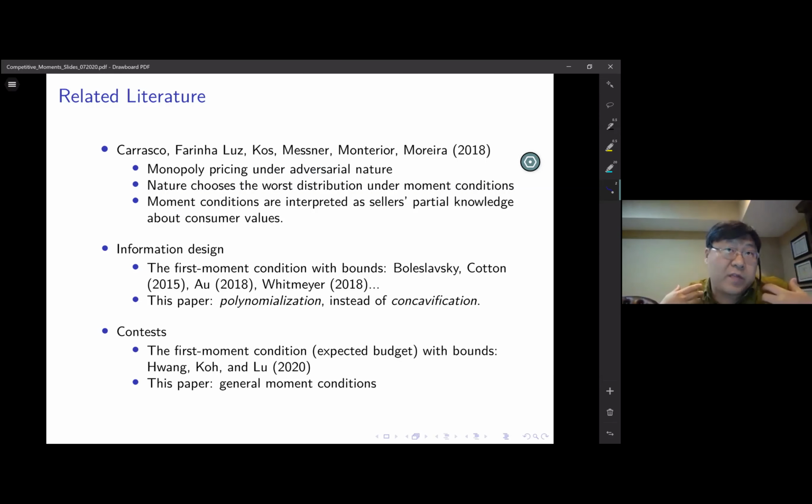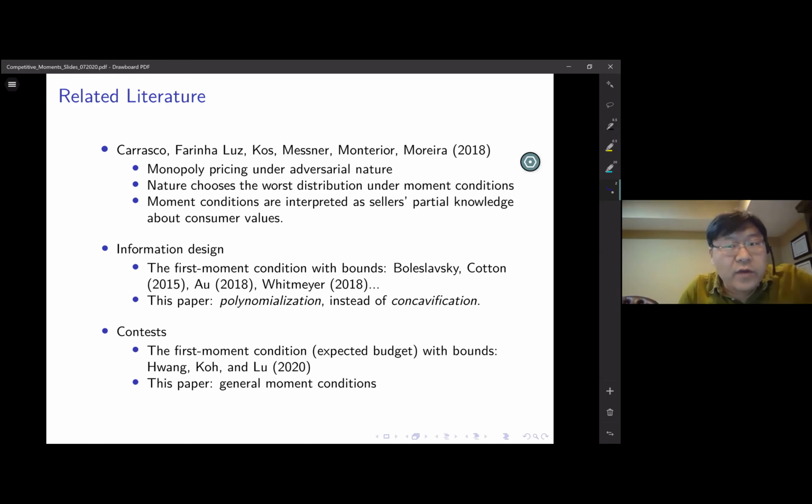While our interpretation is that we just take these moment constraints as direct technological constraints. There's also an obvious connection to the literature on information design and also the literature on contest. Our contribution is to incorporate general moment conditions into the problem. And the difference from the existing studies in information design and contest is going to get clear as we go on.